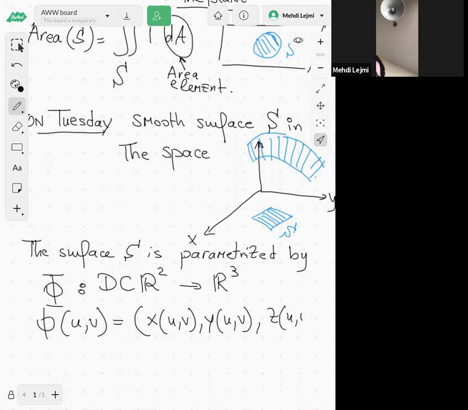We said we need this map phi to be 1 to 1 and smooth.